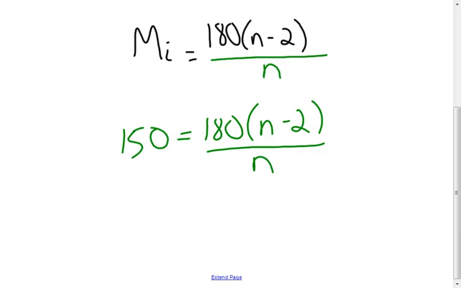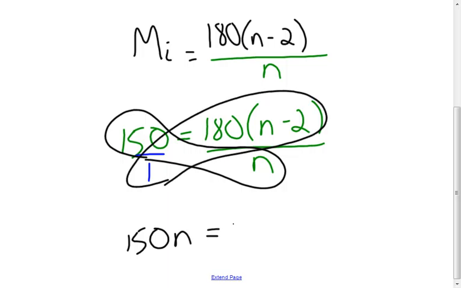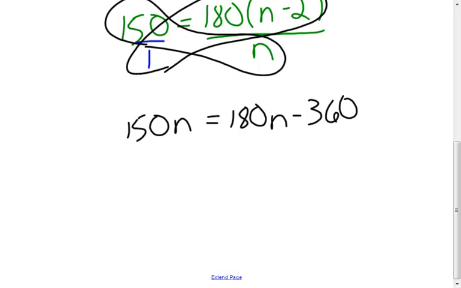I'm going to look at this in terms of being a proportion, and then I can cross multiply. So this, 150n, is going to have to equal 180, and I'm going to distribute right away, so I'm going to have 180n minus 360. Solve my equation.